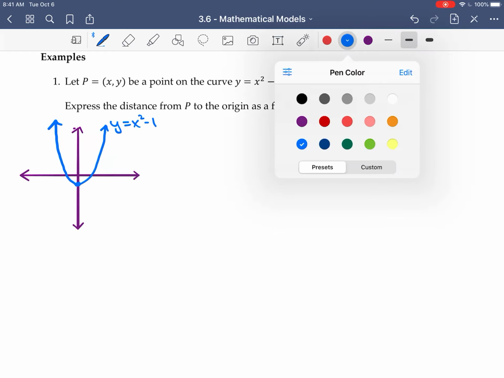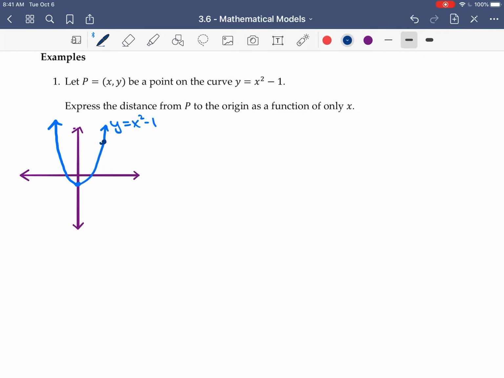Then we're going to take any point on that curve. Let's say that our point is here. This is going to be P, which has coordinates x, y. And we want the distance from P to the origin, which is the middle here. So this is what we're looking for, D. And that point could be anywhere on this parabola. That's what our picture looks like.